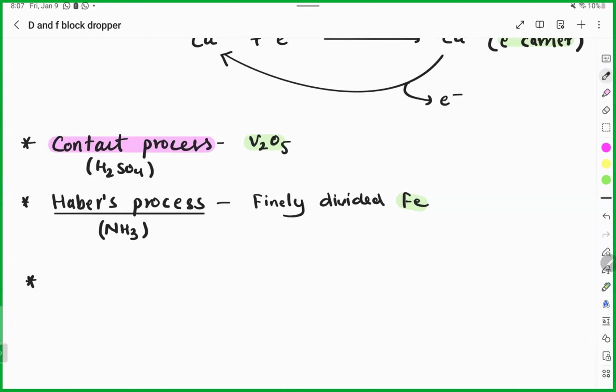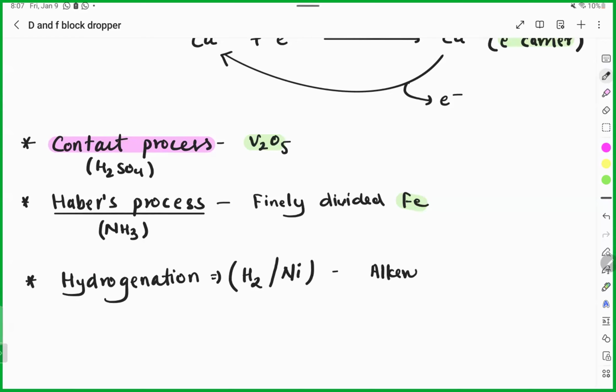Then what happens in hydrogenation, Jordan? Addition of hydrogen in presence of nickel, platinum, or palladium. Correct. You can convert nickel into powdered form.